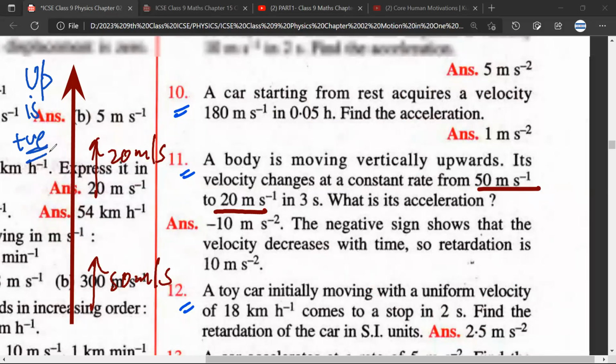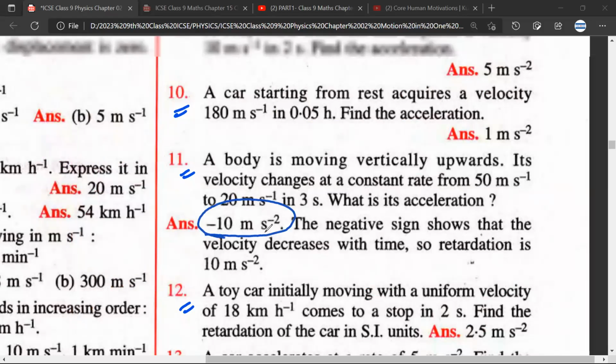There is already an intrinsic assumption when you are doing the numerical that the upside is positive. And that is what the textbook is saying, that minus 10 meter per second square, the negative shows that the velocity decreases with time. So retardation is 10 meter per second square. Are we clear?